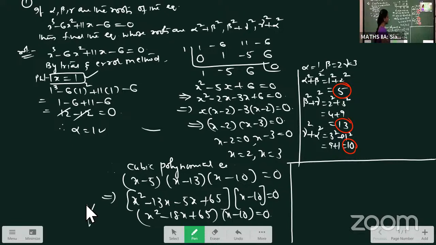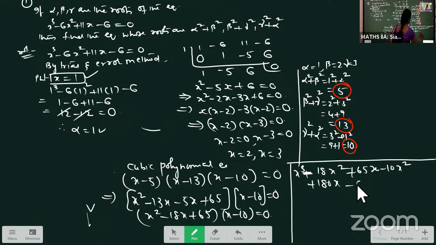So multiply like this, see here: x cube minus 18x square, and x into 65, that is 65x. Then start with this minus 10: minus 10x square, and minus times minus 18x is plus 180x, and minus 10 into 65, minus 650, is equal to 0.